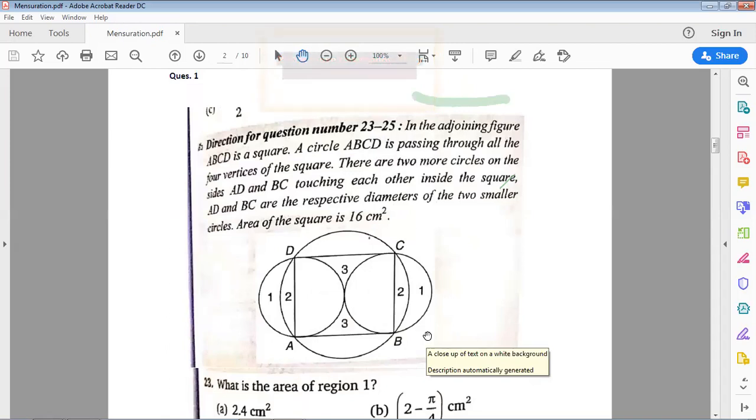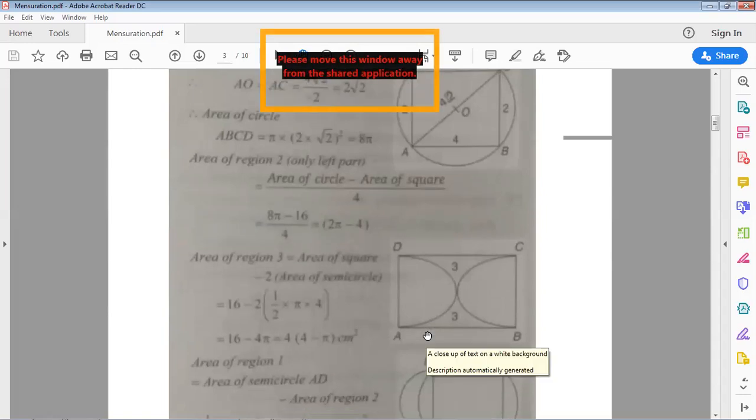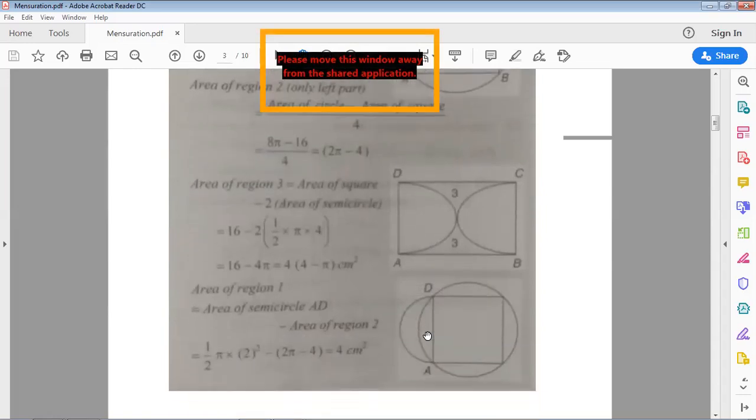We just have to subtract area 2 from the semicircle BC. So here are all the answers. Area of region 1 is equal to the area of semicircle AD minus the area of region 2. We have calculated the area of region 2 already, and we just have to subtract it.